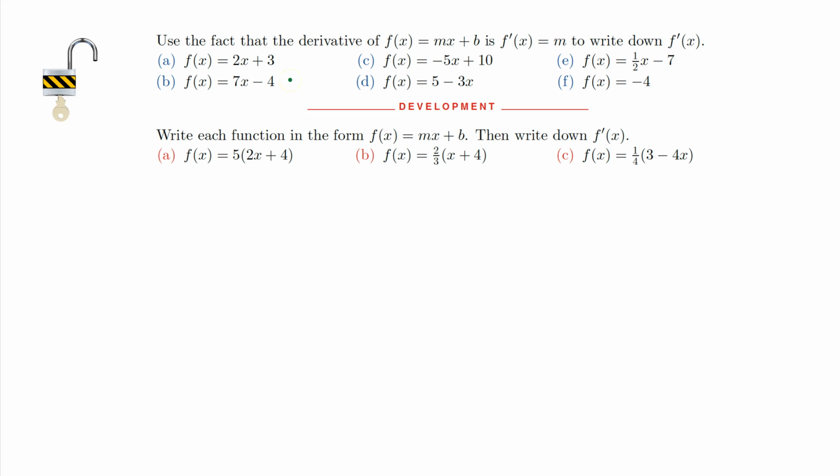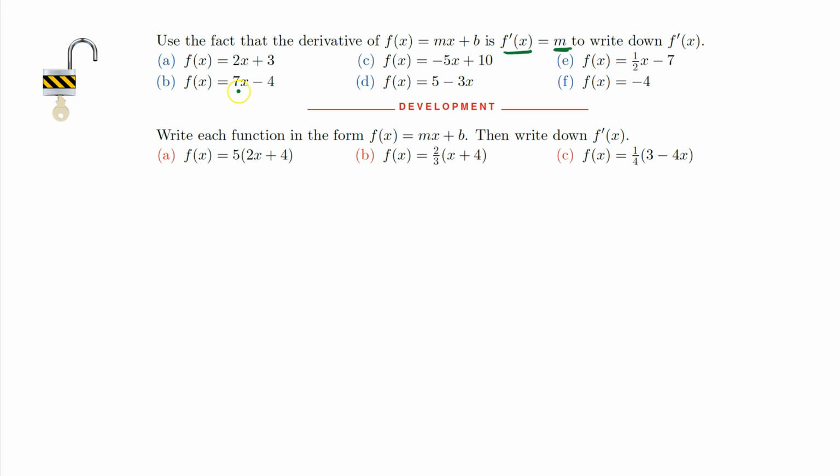Okay, so these exercises are sort of trivial in the long run, but they're our introduction to calculus. So it says use the fact that the derivative of f of x equals mx plus b, our straight line, is, and we know that f dashed x is our shorthand for the derivative, so it is equal to m. So it's saying that the derivative of the straight line is the slope, and we know that the slope is the coefficient of the x. So we can just do it by observation.